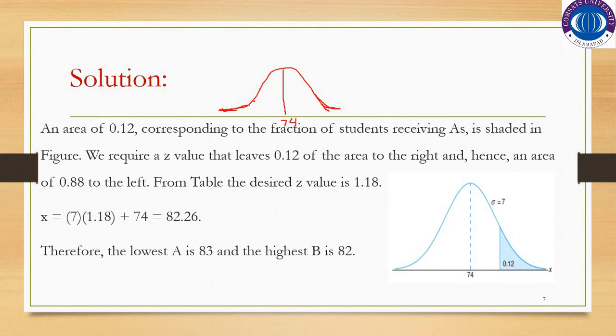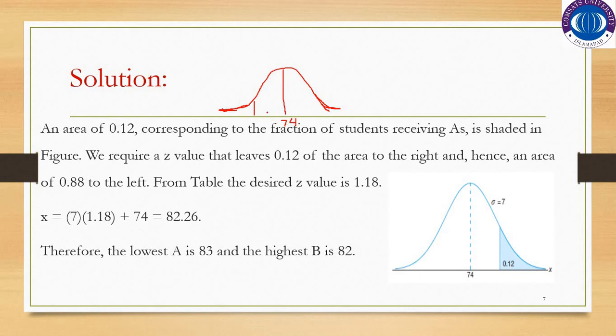This cannot be placed below, because here we have 0.5 area, and the rest will be here. As you know, A is the highest grade and this axis is going from minus infinity to plus infinity, so it should be at the upper side of the graph, where the axis has the greater values.